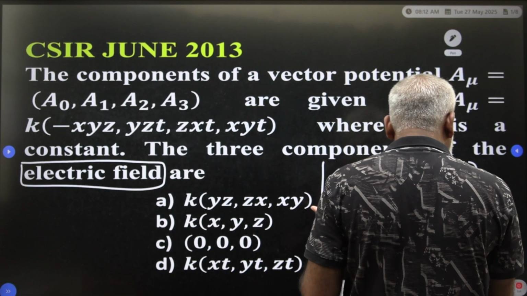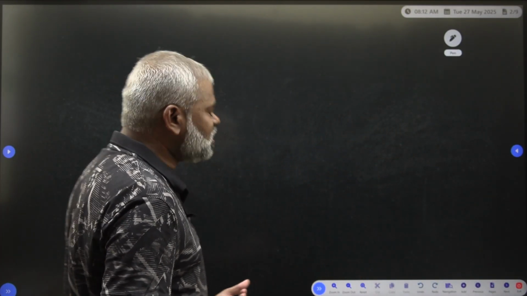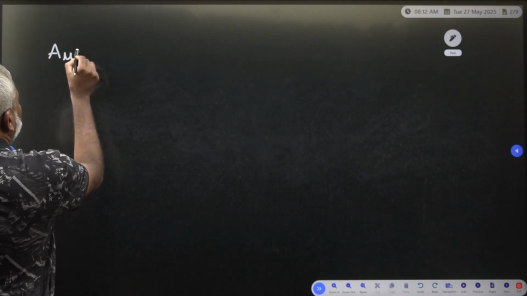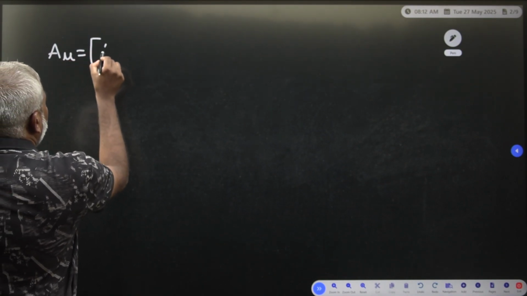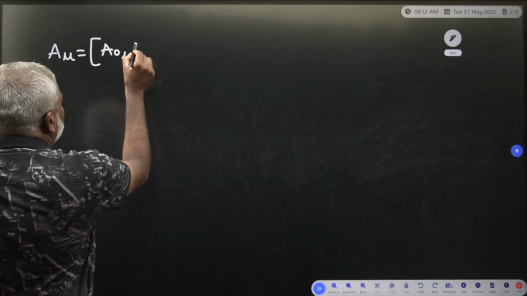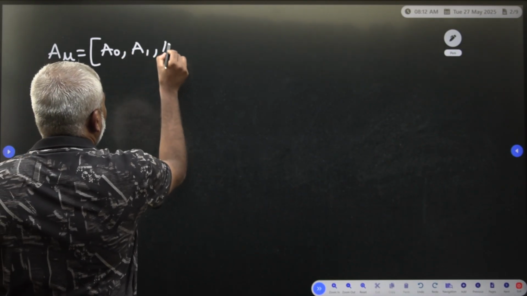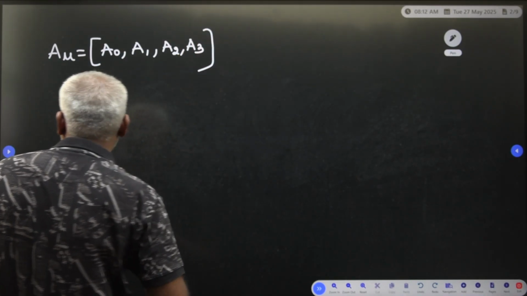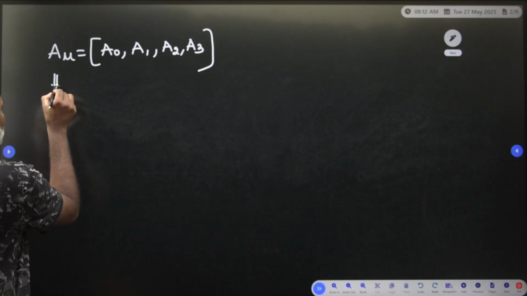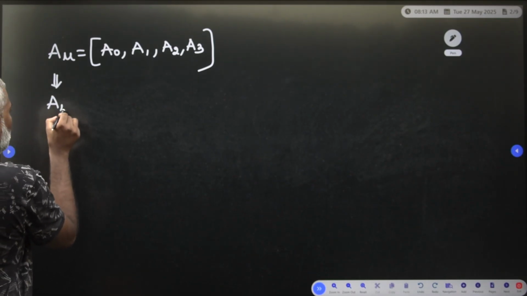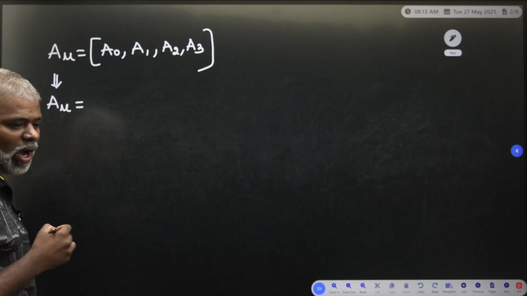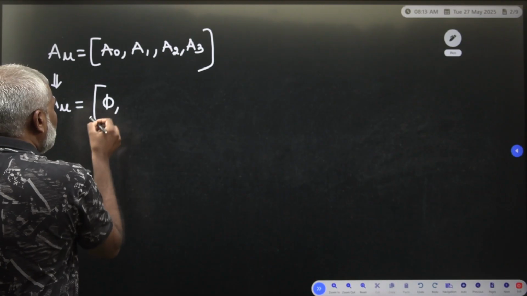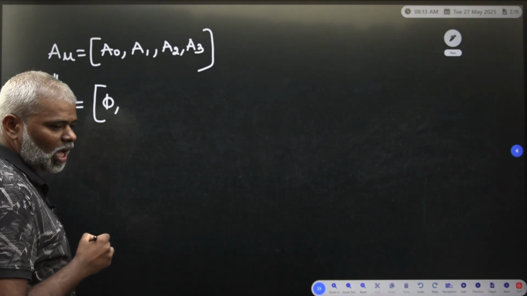How do we solve this question? First, our vector potential is A mu equals A0, A1, A2, A3. Now, I have to use this vector potential for our purpose. I represent it in terms of phi, that is the scalar potential.